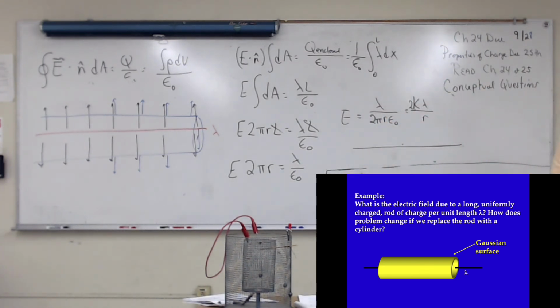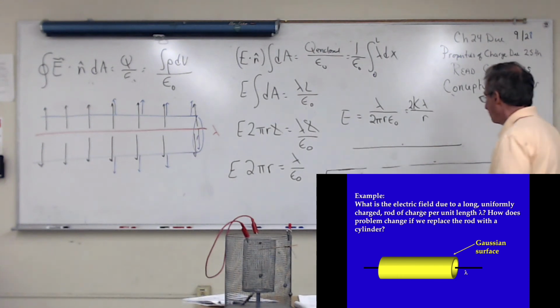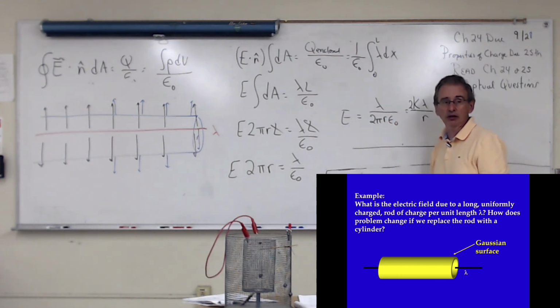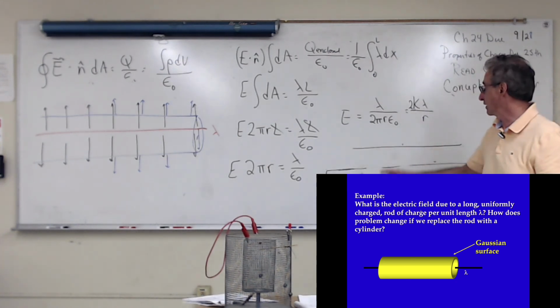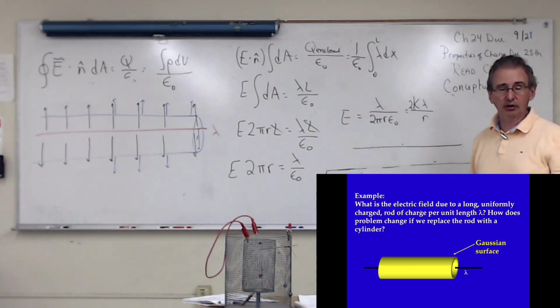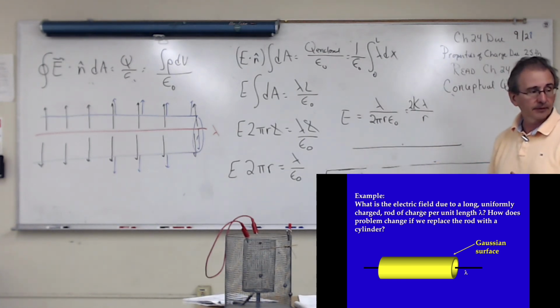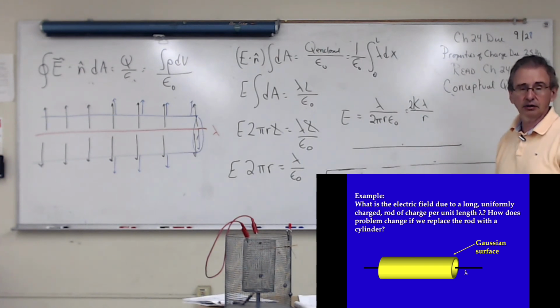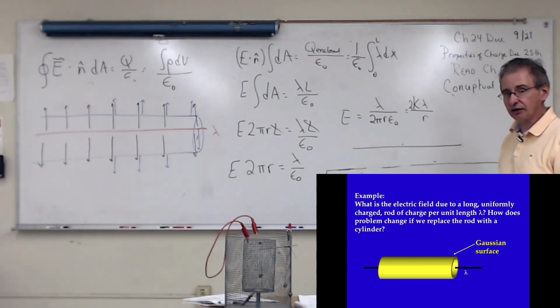Doesn't it look like it goes on forever? Yeah. And so, as a result, if I want to find a field real close to the rod, I can use this approximation, and it'll work really well. The closer I get, the better the approximation. And this is way faster than setting up the integral. So if you're real close, you're going to be over 95% accurate. And that, for most applications, is probably good enough.